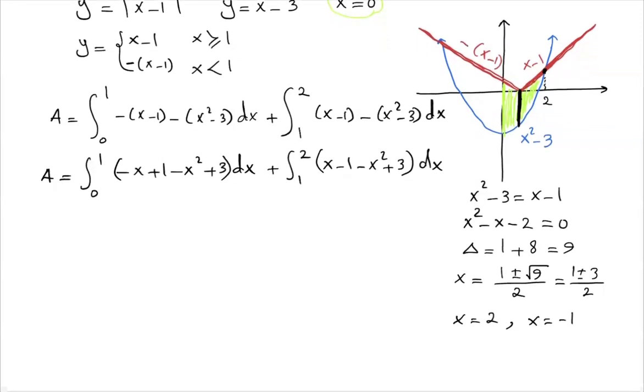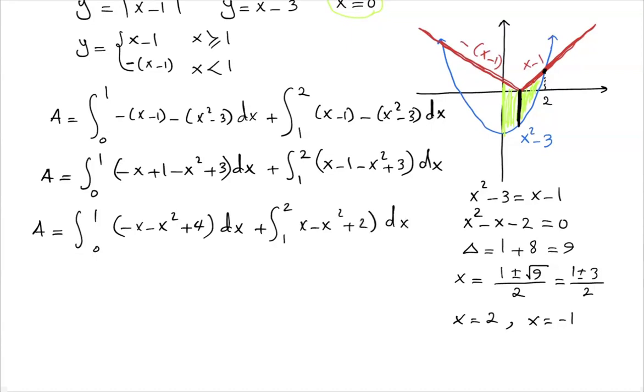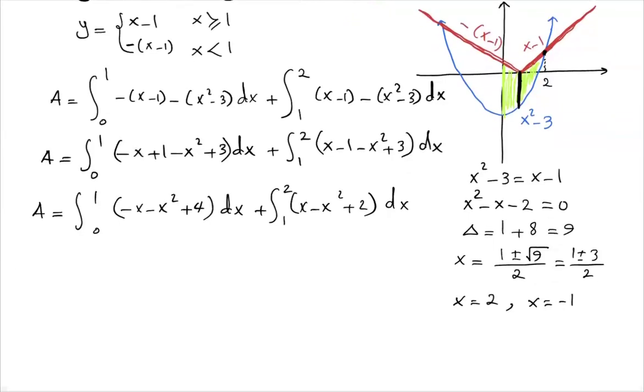So A, the area, is the definite integral from 0 to 1 of negative x minus x squared plus 4 dx, plus the definite integral from 1 to 2 of x minus x squared plus 2 dx. Now we just need to find these integrals, do the substitution, and calculate the area.